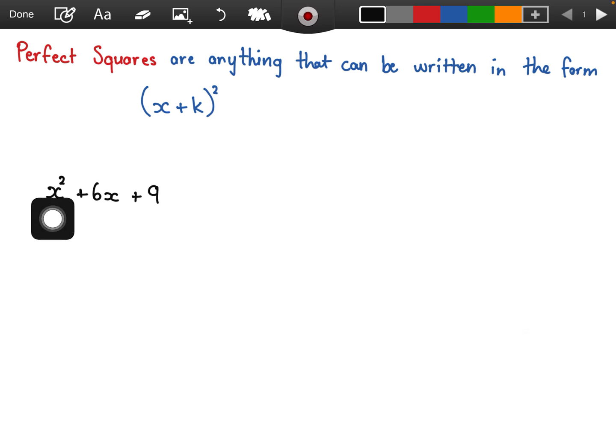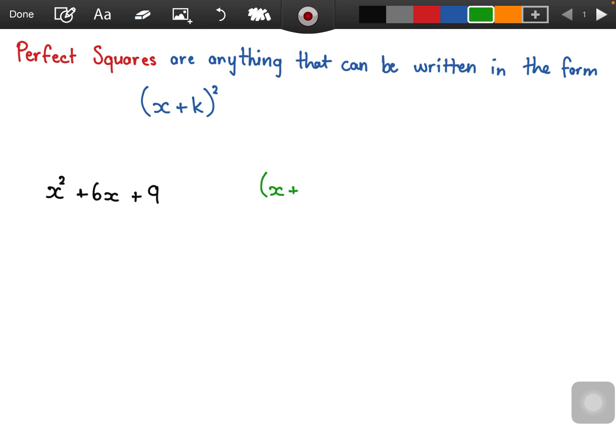We often see these where there's a 1 in front of the x squared, our leading coefficient, which makes these very nice.